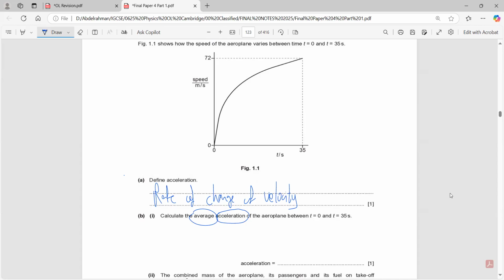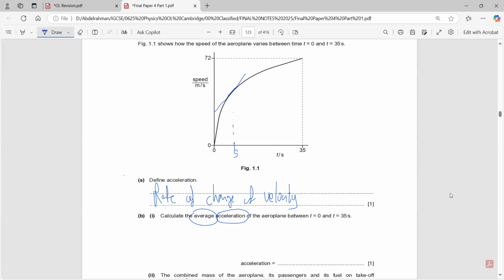Like average speed is total distance over total time. You do not need to draw a tangent at any point. If he told you to find the acceleration at, let's say, 5 seconds, you need to draw a tangent and then find the slope of this tangent. But he didn't specify.